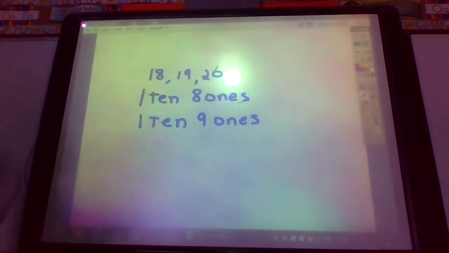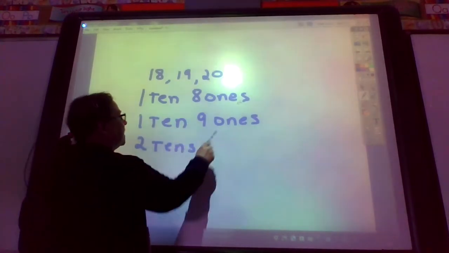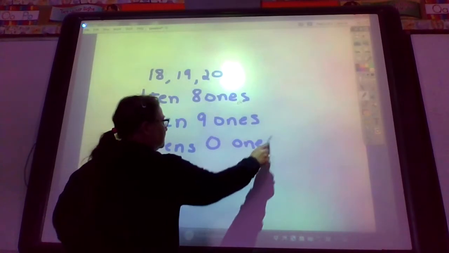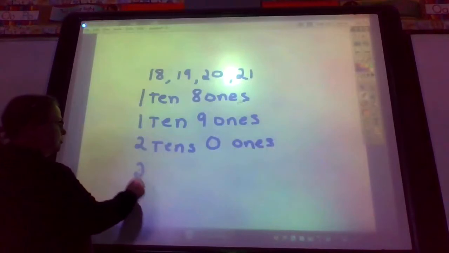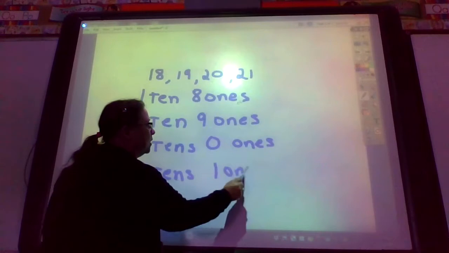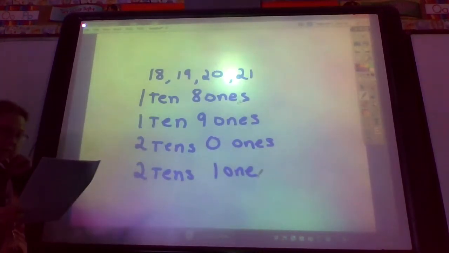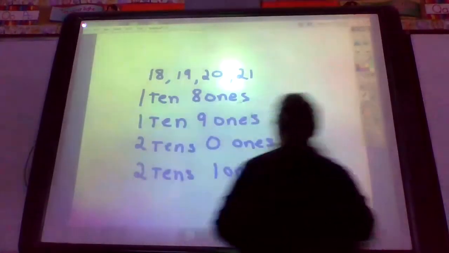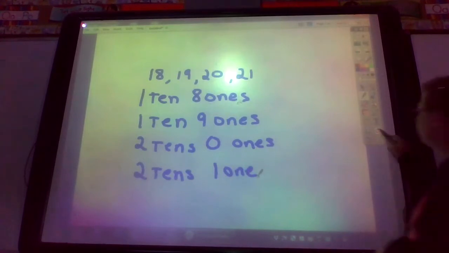But my next number is 20. So I would have to jump up and now say I have 2 tens and 0 ones. 21 would be 2 tens, 1 one. And we would just continue like that, counting, okay? So that is counting by unit form. And we could take this all the way up into bigger numbers.